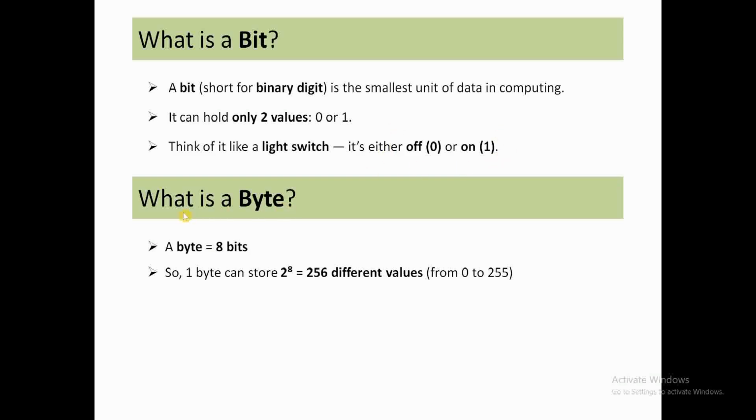And next one is byte. A byte contains a total of 8 bits. In 1 byte there are 8 bits, and 1 byte can store this range: 0 to 255, 256 different values. 1 byte is equal to 8 bits.